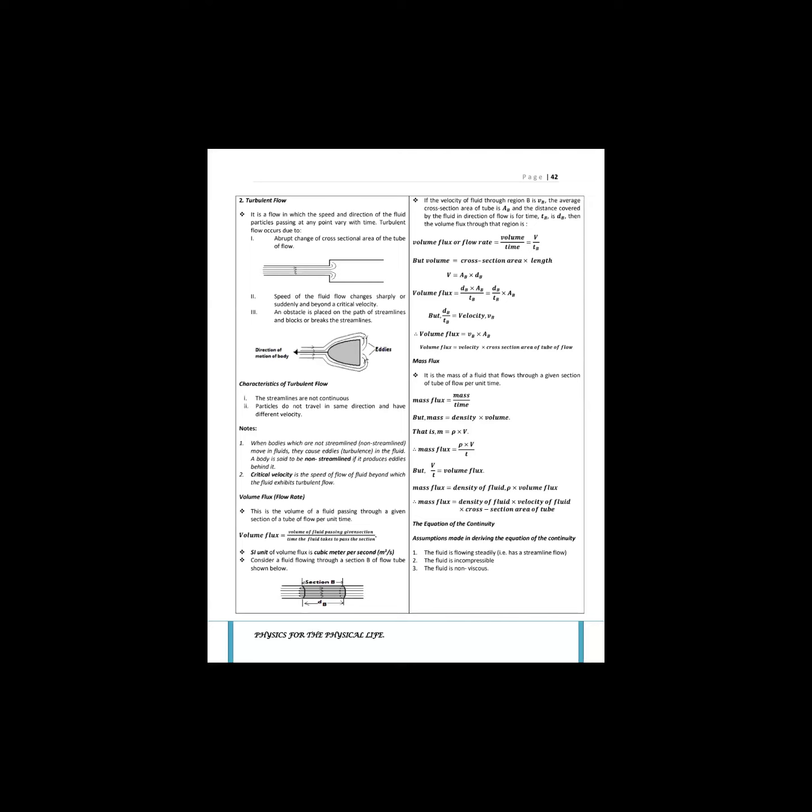But kuna mahali tulisema in volume flux that volume flux is equals to volume over time. Kuna mahali tulisema kwa volume flux wakati tulikuwa tunaanza tukasema volume flux is equals to V over T. Na after derivation pia bado tunaweza pata volume flux is equals to velocity multiplied by the cross-sectional area of the tube.